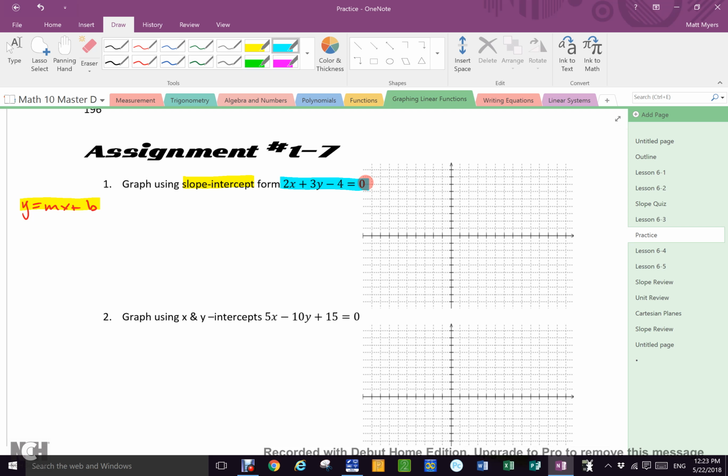This is like a pie-in-the-face question for Miss Craig, because I'm bringing in English to math class. What are the characteristics of the yellow highlighted equation and the characteristics of the blue highlighted equation? Think of a Venn diagram. What do they share? What do they not share?